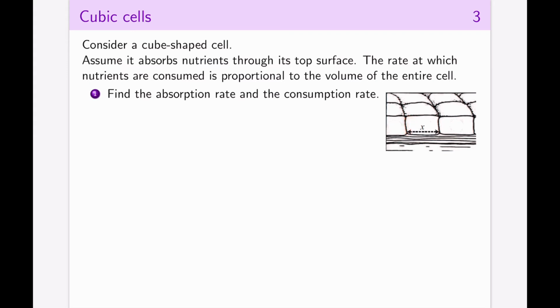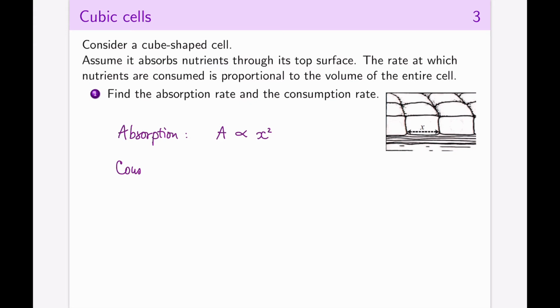So first of all, let's talk about absorption. Again, it's proportional to the top surface of the cube cell. If it's x in each dimension, then the top surface has the area x squared, because it is a square: x times x, length times width, which means that the absorption is proportional to x squared.